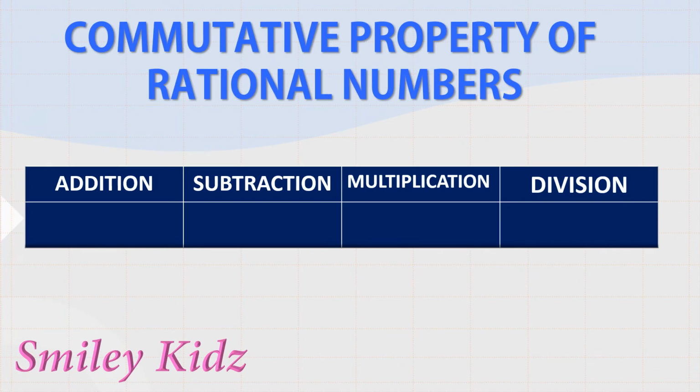Let's see whether commutative property of rational numbers satisfies for all the operations. Let's see each operation in detail with examples.